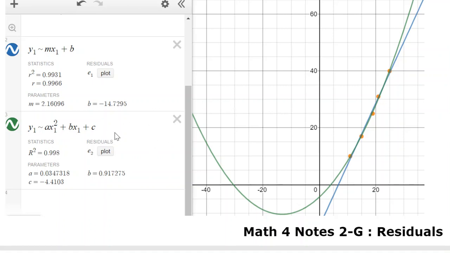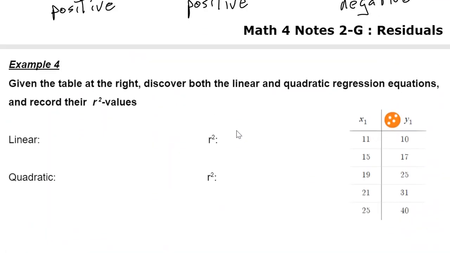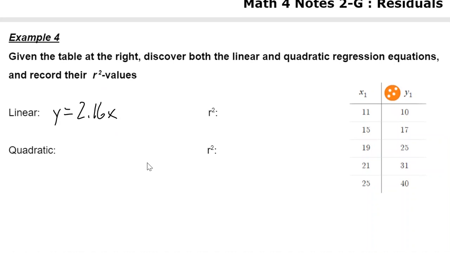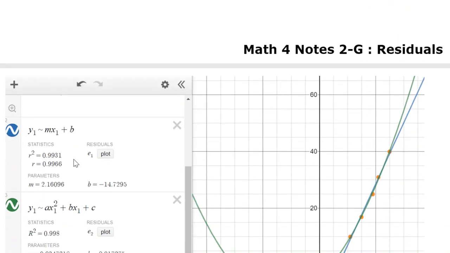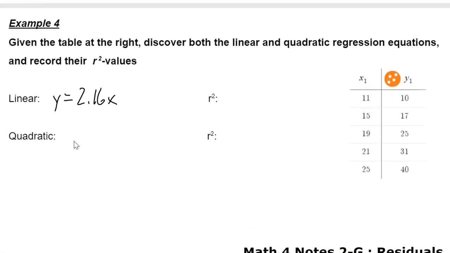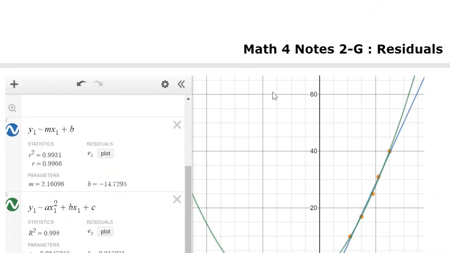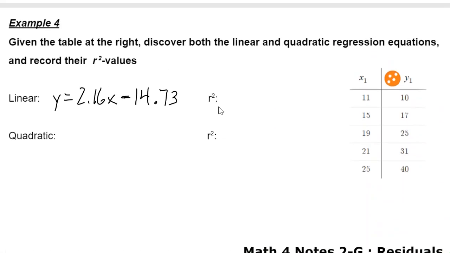So this is what we're going to write for our equations. 2.16, and negative 14.73, minus 14.73. R squared value is .9931.